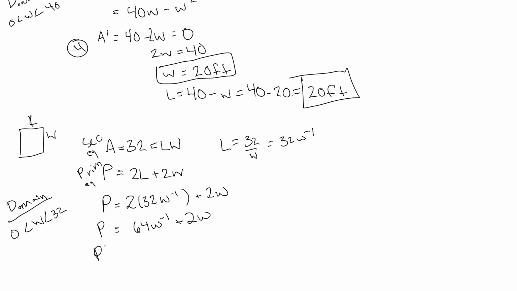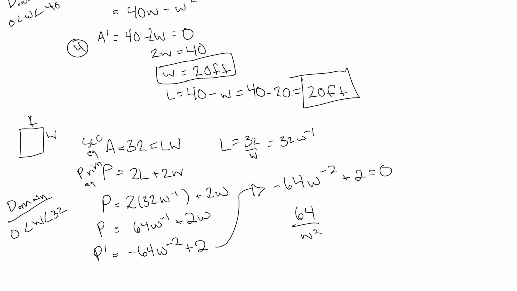So let's go ahead and find our derivative. And then we have to solve this for when it equals 0. Multiply both sides by W squared. And we've got 64 equals 2W squared.